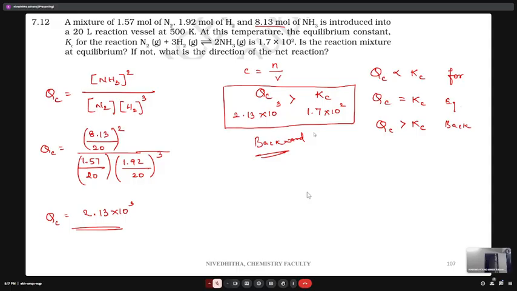That's it. Any doubt, Kanna? Okay. We'll do one more problem. After doing one problem, we'll move on to next concept.